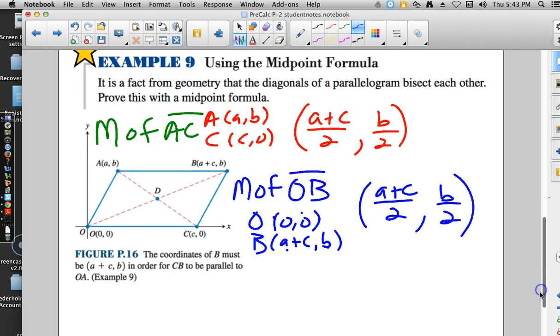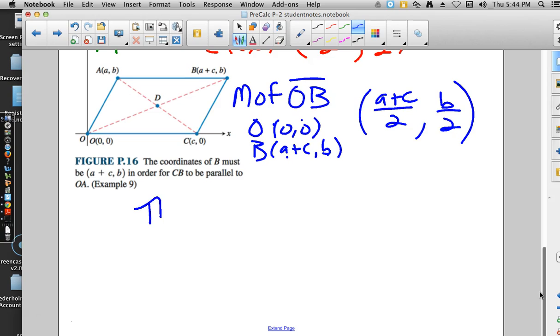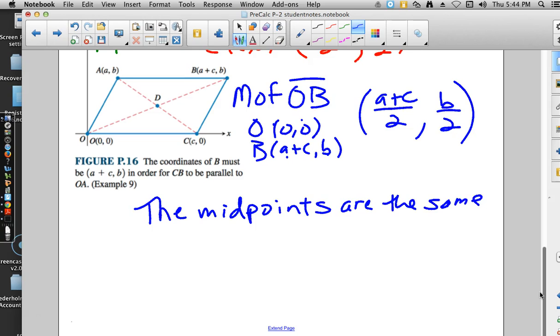So now, let's write a synopsis. The midpoints are the same point. What does that mean to us if the midpoints are on the same points? Therefore, they bisect each other.